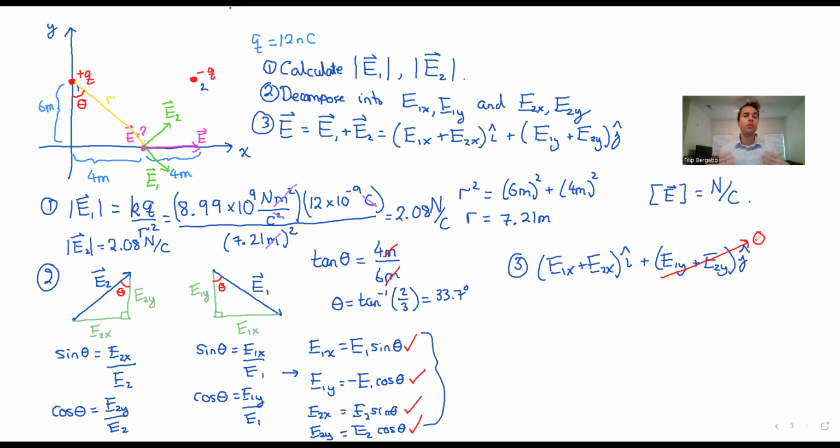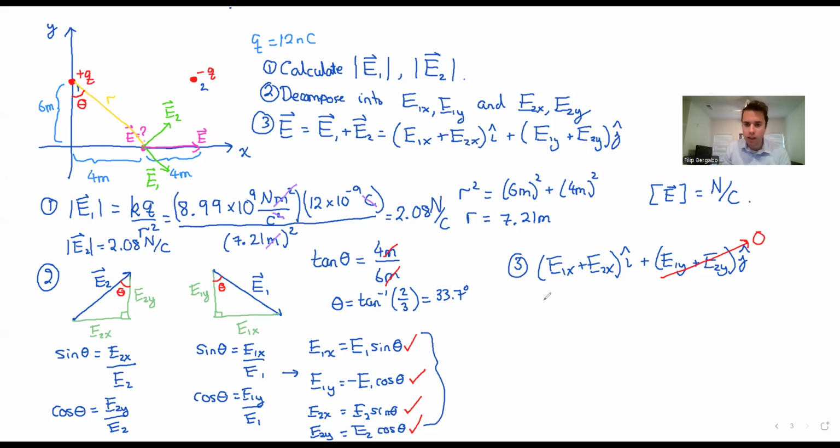Hence, we end up with no j hat component, which if you think back, was exactly what we said when I drew this pink vector, right? I said, I expect these vertical components to cancel, which should give me the final result with the electric field having only an i hat component. So it's good that that worked out. And notice that we did have to be very careful with that sign flip on E1y to make sure that result came out.